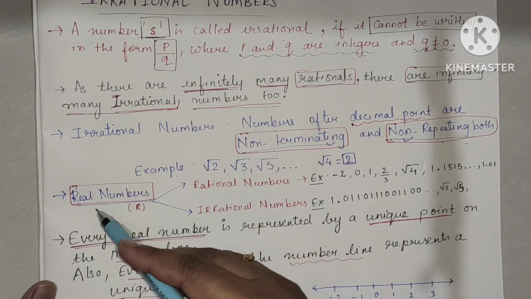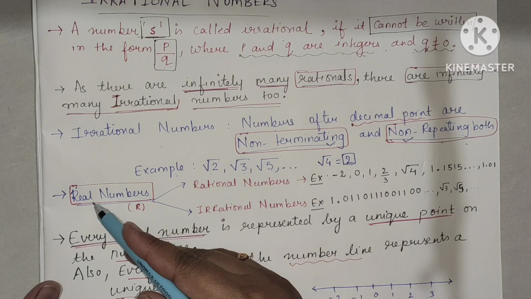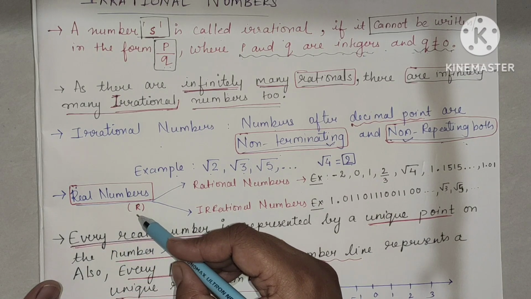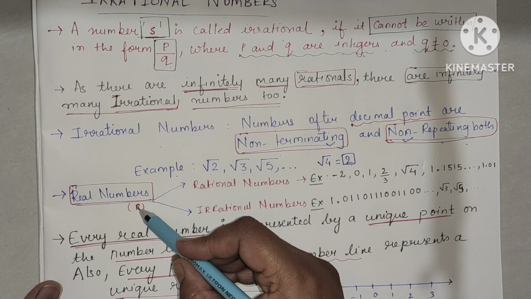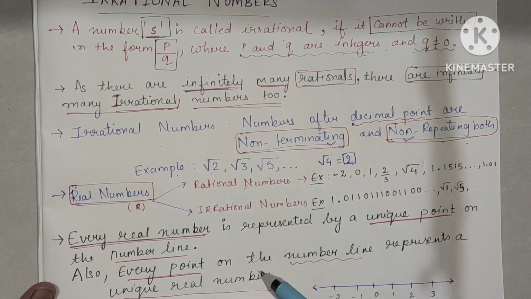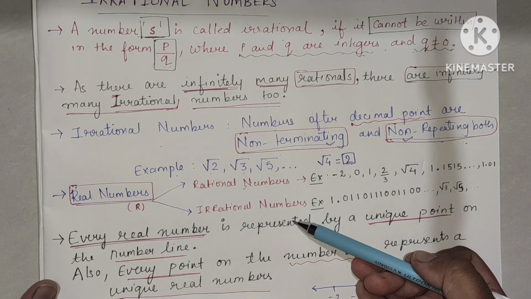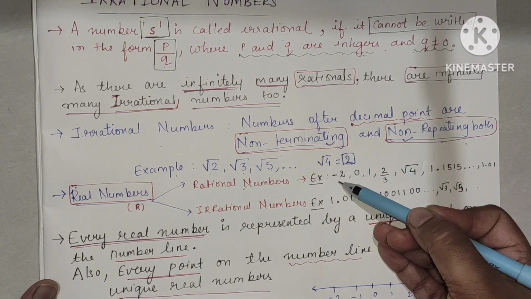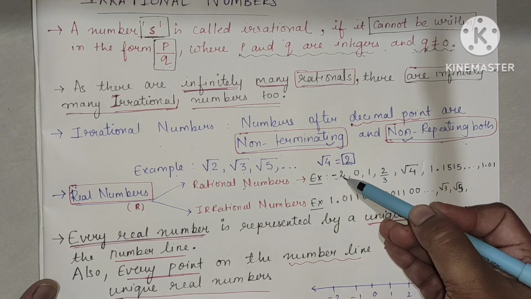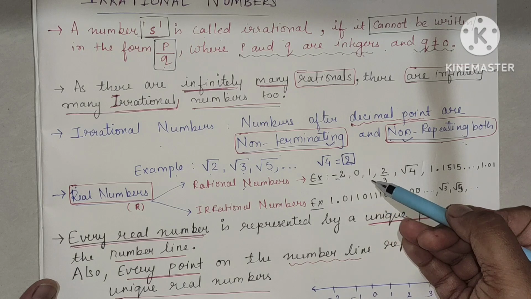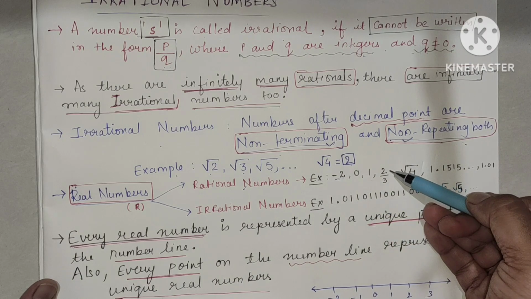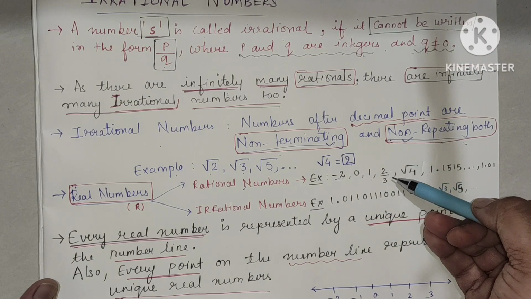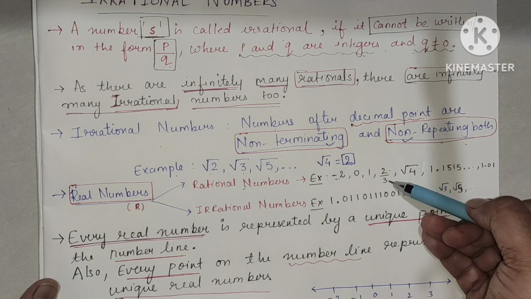Again, we'll see the classification of real numbers. Real numbers can be rational numbers or irrational numbers. Rational numbers can be any negative integer, 0, positive integer, any number which can have the form of p by q.